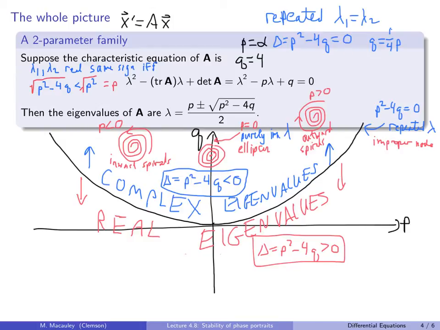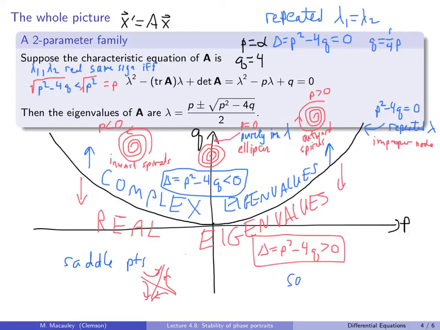Okay, so what that means is everything below the p-axis is going to be saddle points. Let me sketch this. It's going to look something like this, and it's also going to be the case on the right-hand side too.